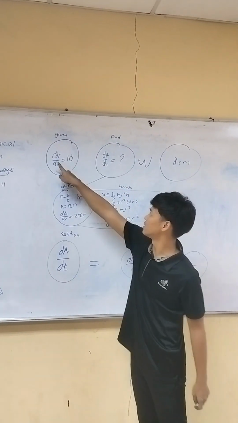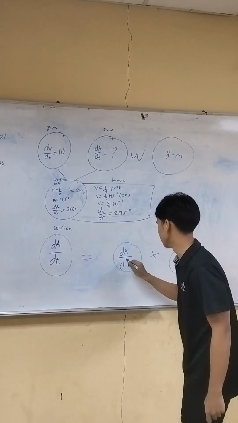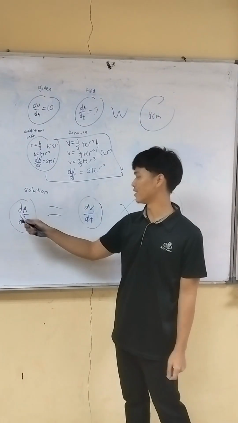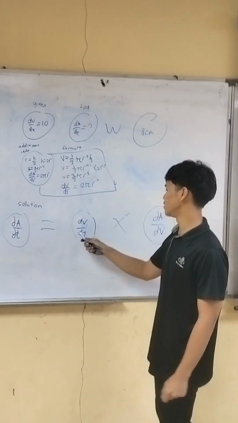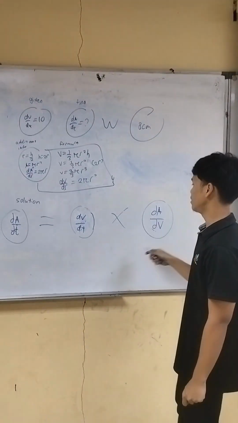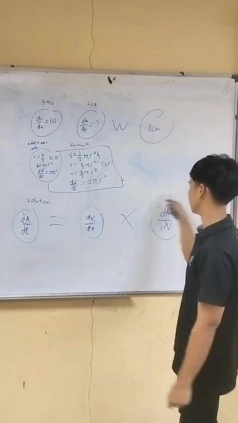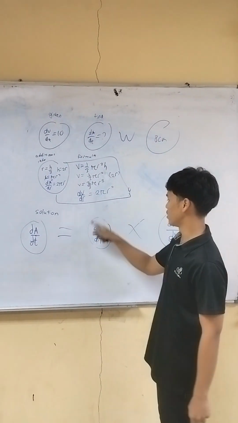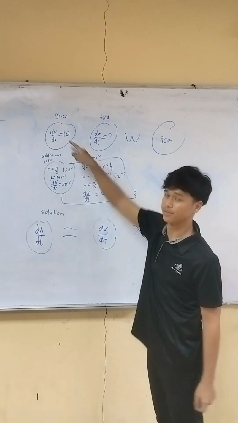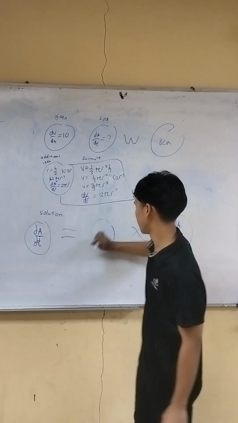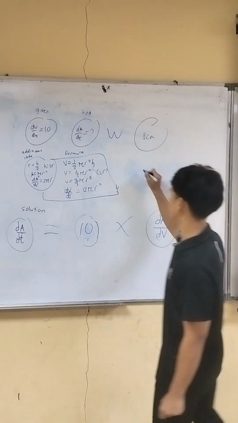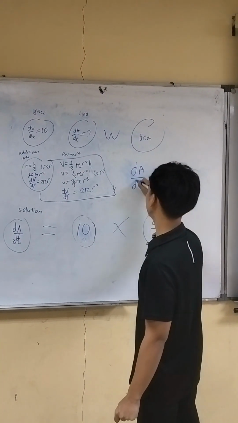The given is dV, so we substitute dV into the something. After we get dA over dt equal to dV over dt times dA over dV, we substitute the given information into these two circles. The given dV over dt is equal to 10, so we substitute 10 to this. The next is dA over dV.